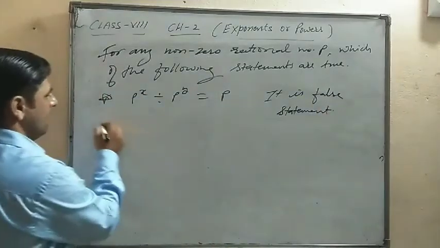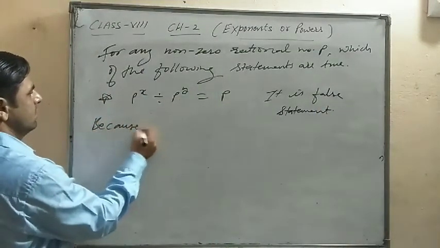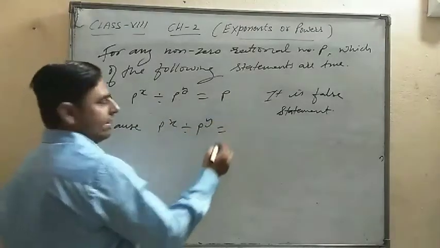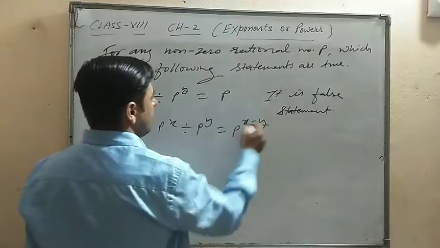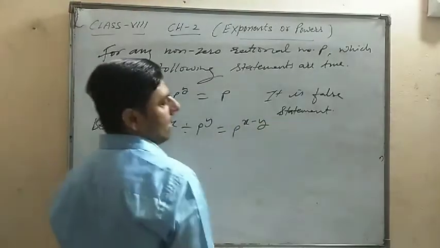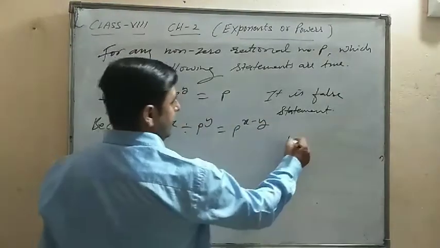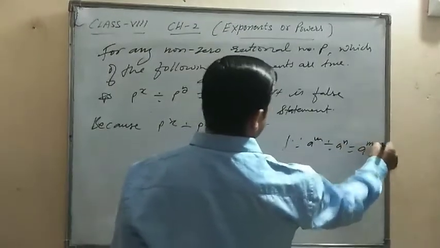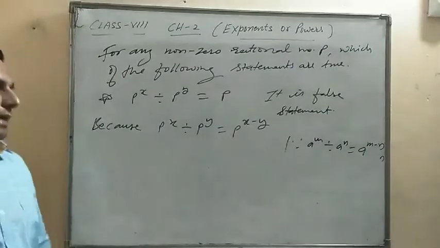Why? Because when we divide p raised to power x by p raised to power y, we will get the result p raised to power x minus y. It is the identity a raised to power m divided by a raised to power n is equal to a raised to power m minus n.